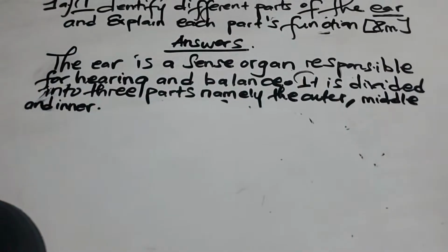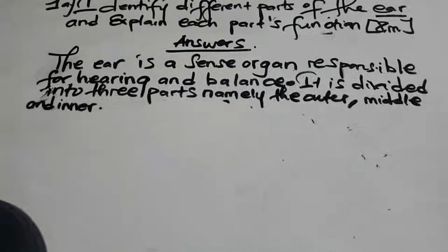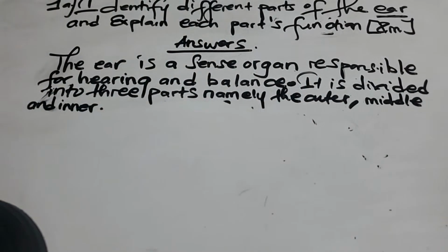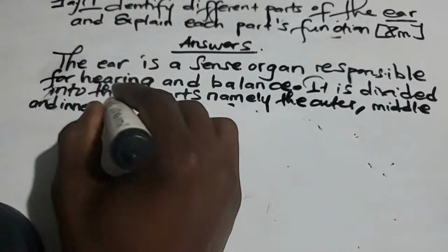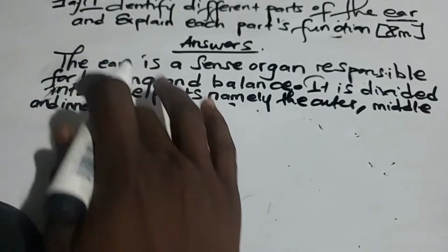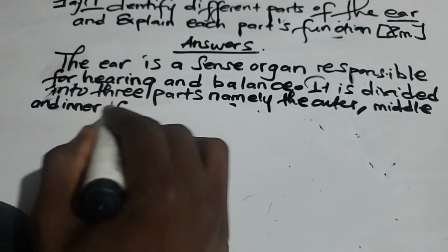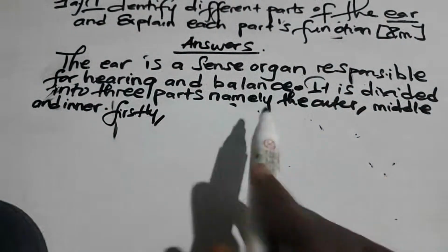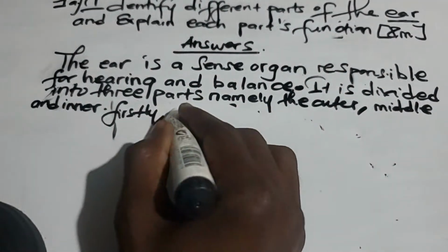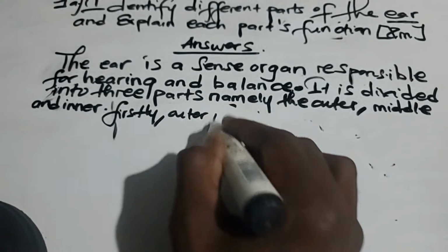So the ear is a sense organ responsible for hearing and balance. It is divided into three parts, namely the outer, middle, and inner. Now here, what you have to understand is that you can even use a conjunction word, say, firstly, comma, then we talk about the outer part.